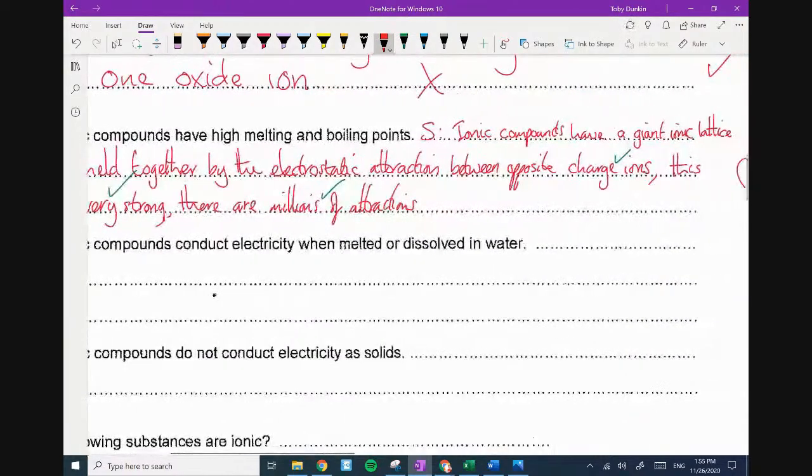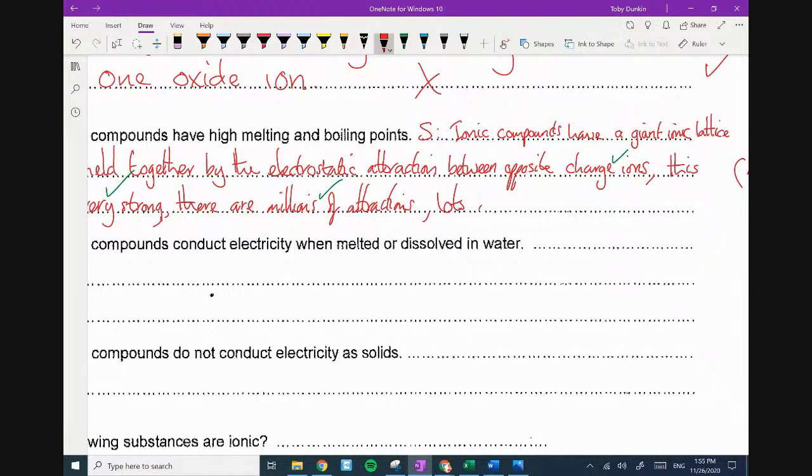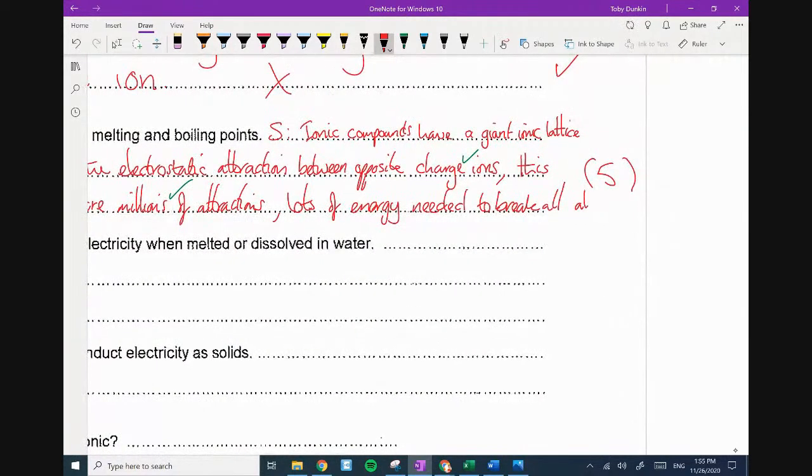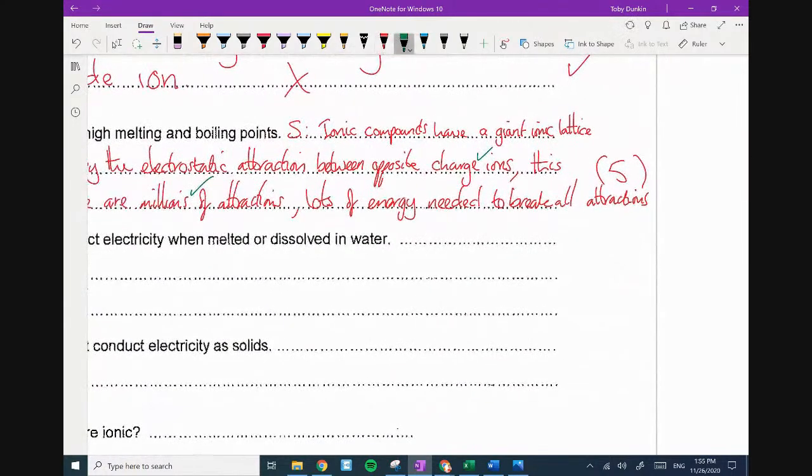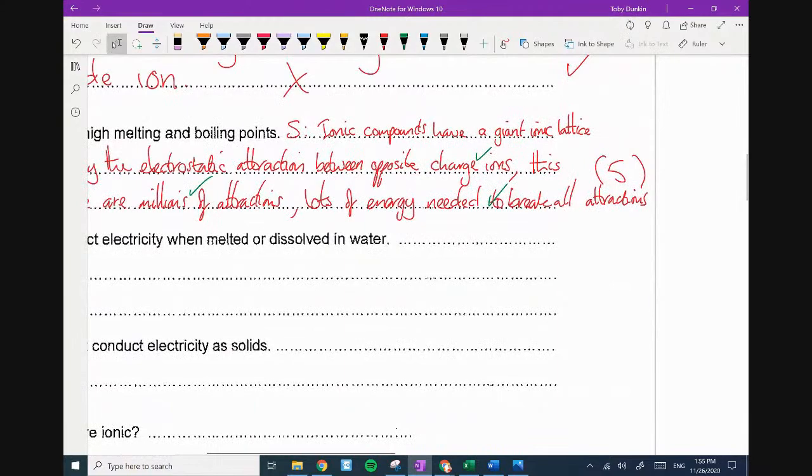Lots of energy needed to break all attractions. And they're just about, we're done. So out of 5, give yourself out of 5.